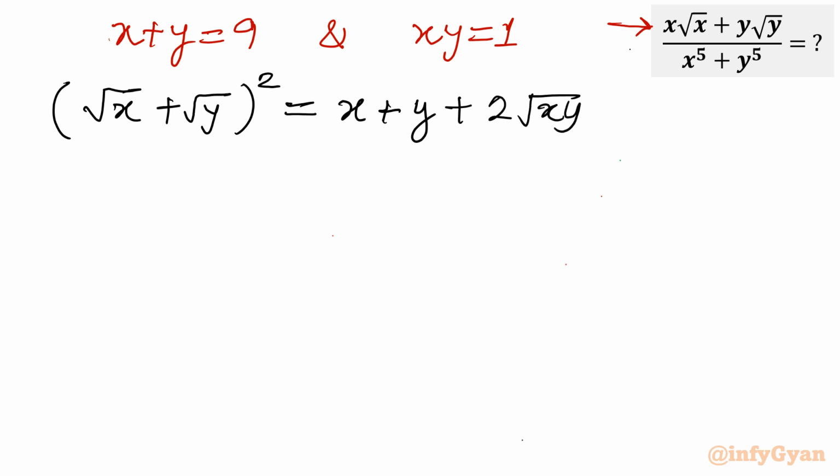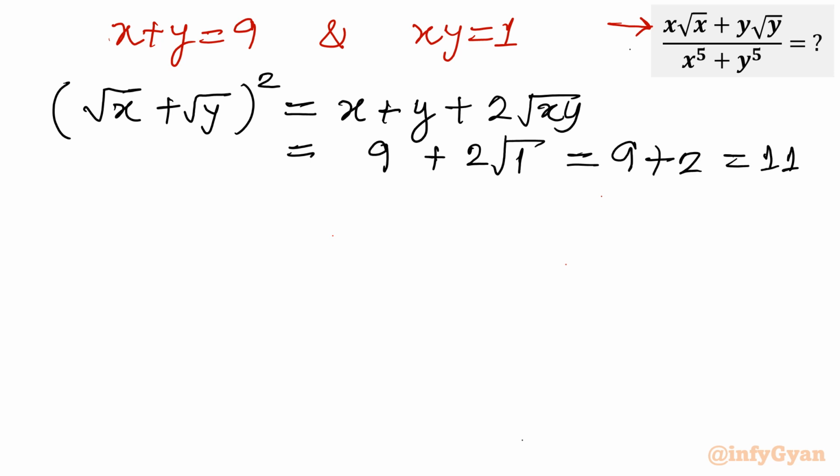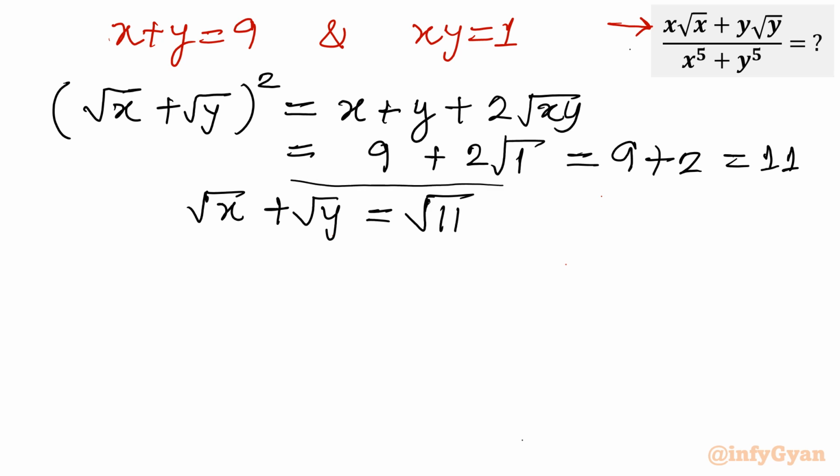Let's put the values: xy is 1, x plus y is 9, so 9 plus 2 times square root 1, which is 9 plus 2, equal to 11. Now take the square root both sides. As x and y are both positive, square root x plus square root y equals square root 11. The minus sign we reject, as x and y are both positive.